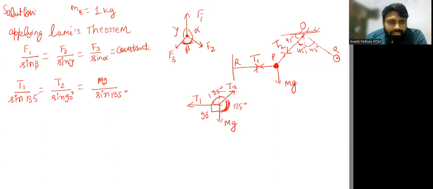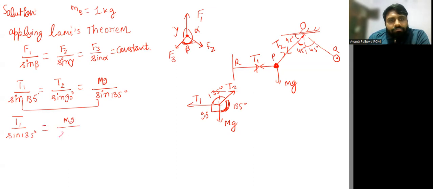Now you can take this pair. So T1 upon sine 135 is equal to mg upon sine 135. This will cancel out, so T1 is mg, with m as 1 kg and g as 10, so it will become 10 Newton.